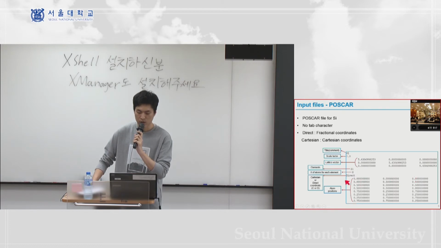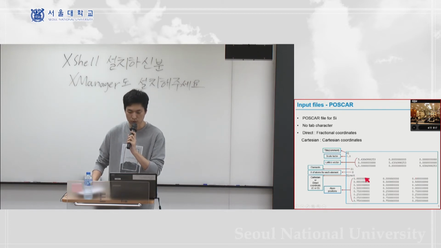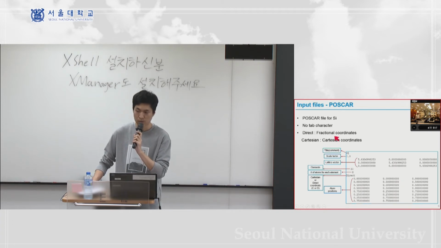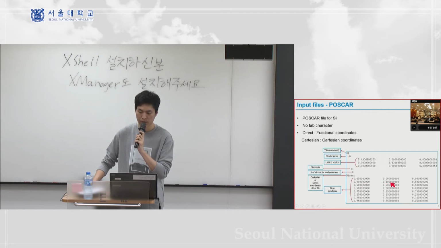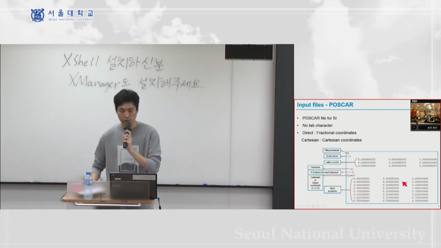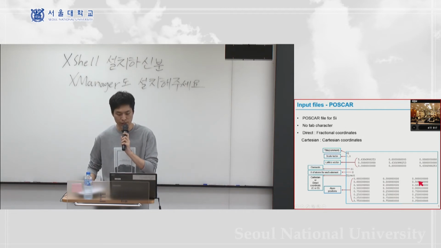So they are silicons, and one is at the origin, and the others are at these positions. So this is in fractional coordinates. So 0, 0.5, 0.5 means it is at the position of 0 times A1 plus 0.5 times A2 plus 0.5 times A3, or a, b, c.